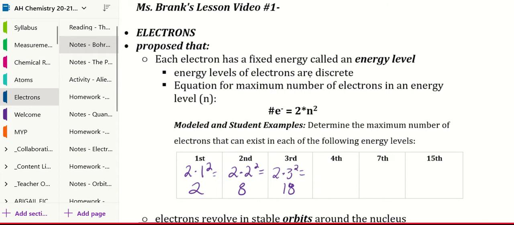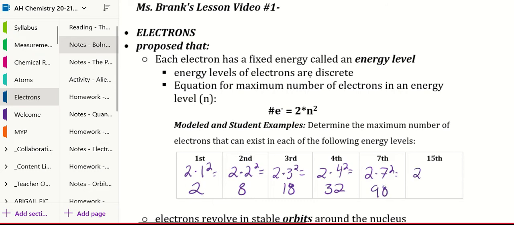So you guys try for the 4th, 7th, and 15th energy levels. Okay, what'd you get for the 4th energy level? It would be 2 times 4 squared, which gives you 32. For the 7th, 2 times 7 squared is 98.